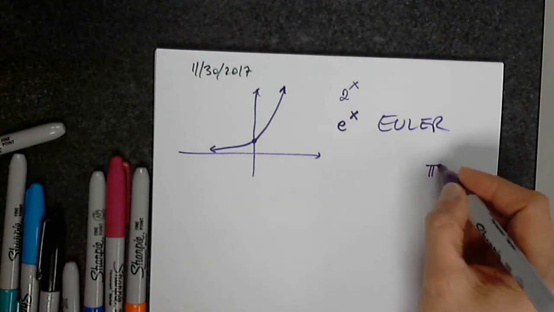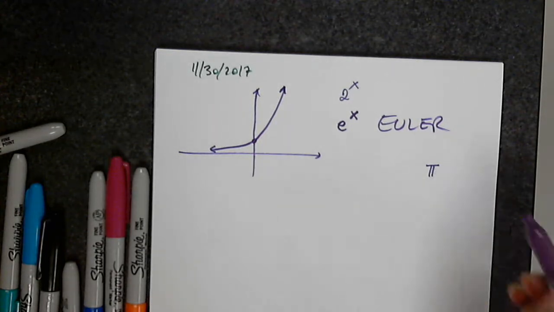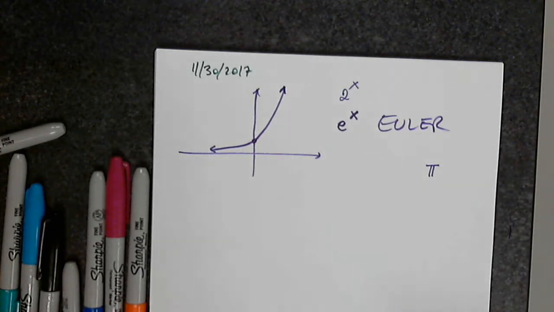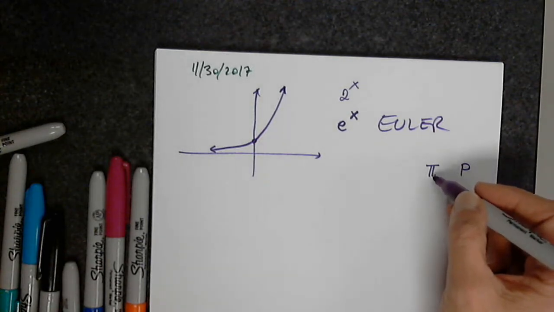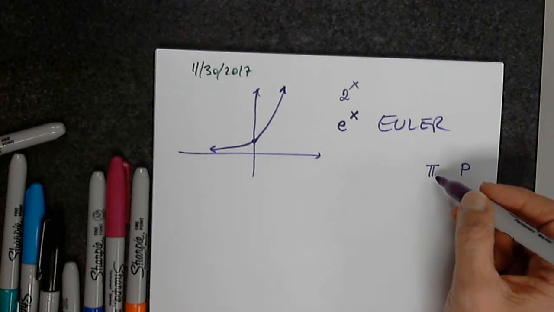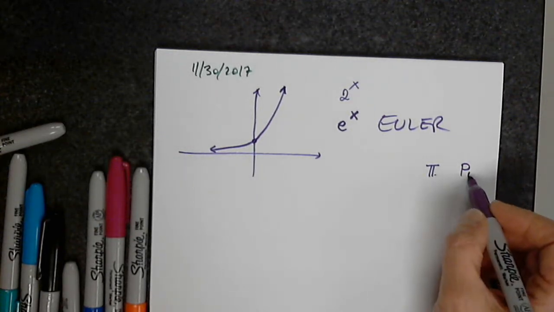Now, just not connected to what we're doing right now. You remember that there is something called pi. The Greeks came up with this letter. It's basically P, the Latin P, but that's the Greek P. So this is pi, right?